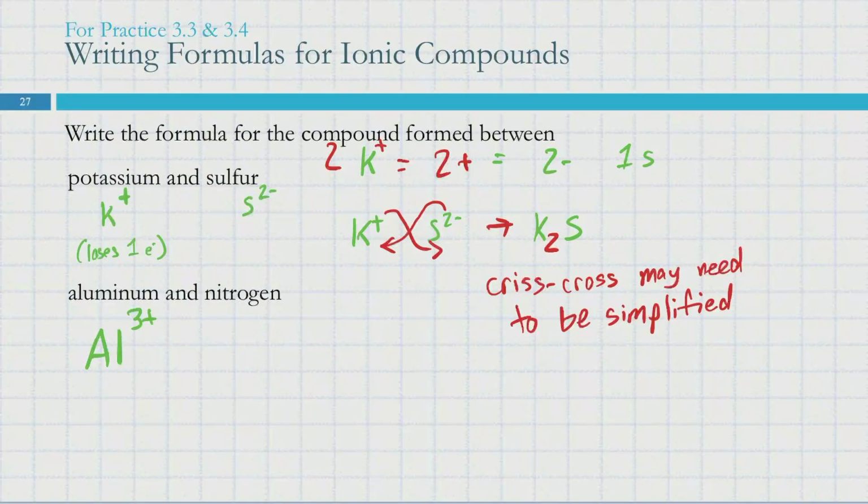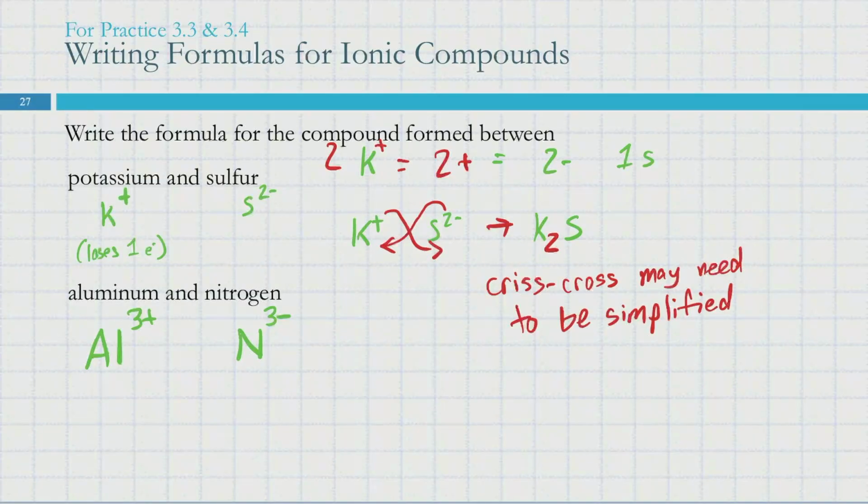That's the number of spaces that you'd have to move to the left, skipping this middle block, of course, to get up to the previous noble gas. Nitrogen is a nonmetal. It's going to gain electrons in an ionic compound. It's in group 5A. It's going to move 1, 2, 3 spots over to become like neon, and so it's going to be a 3- charge.